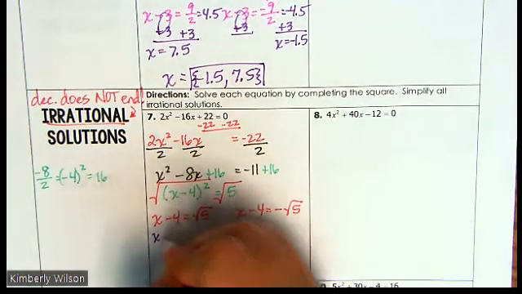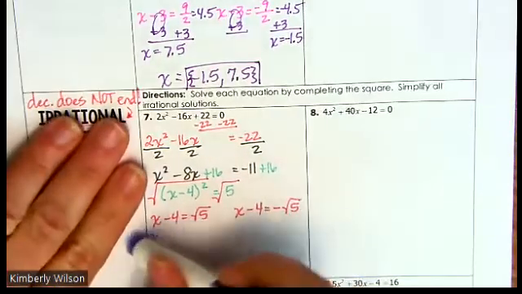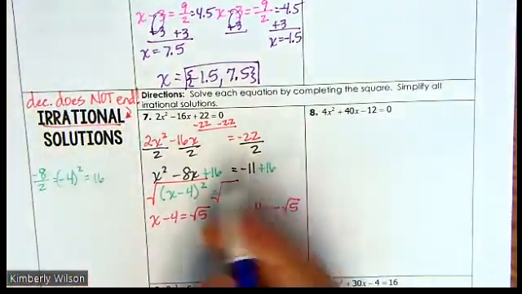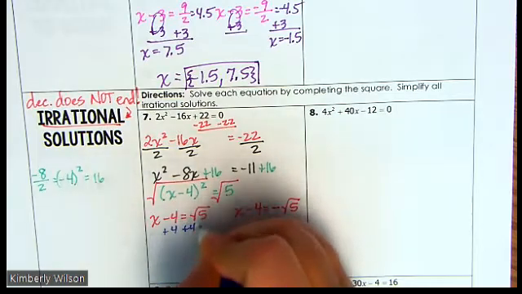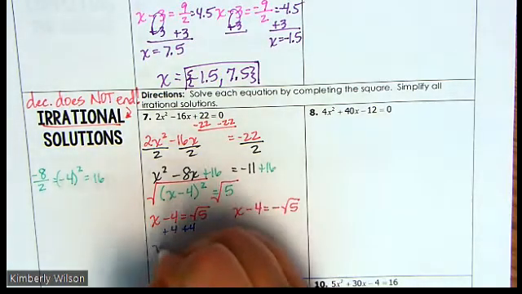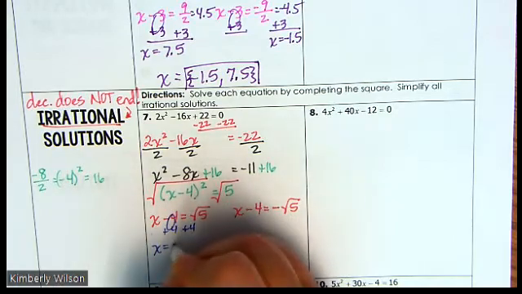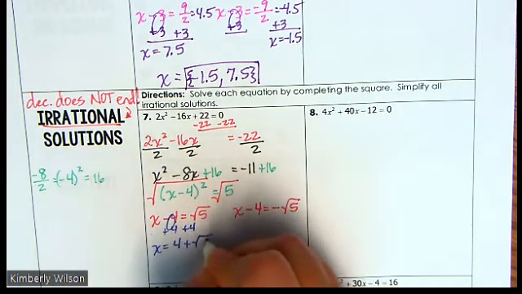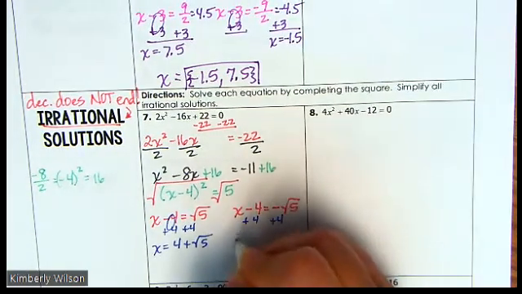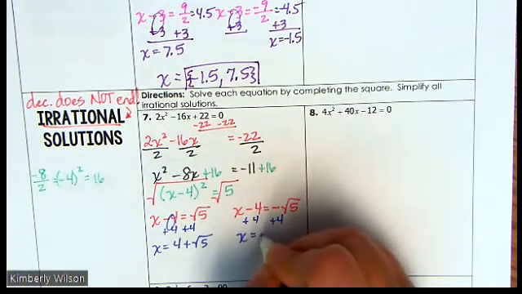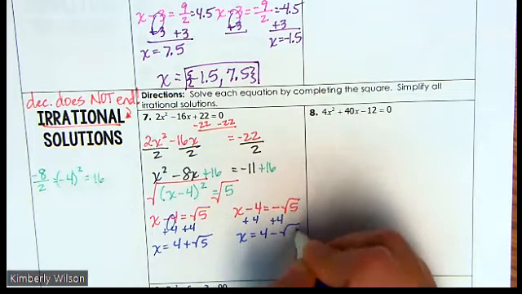So I add 4 to both sides. Those are not like terms, so I can't add them. So I end up with x equals 4 plus the square root of 5, and x equals 4 minus the square root of 5.